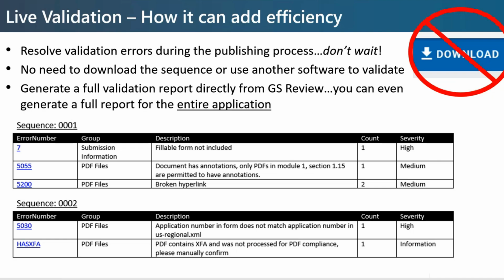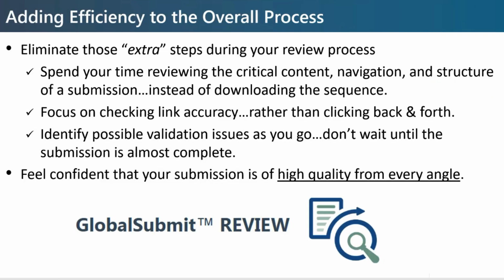So these are truly some of the most time-saving features. There are other tools and items available in GlobalSubmit that we don't have time to talk about all of them today, but these items can definitely help you improve the efficiency of your overall process by really eliminating those extra steps that you have in your process.